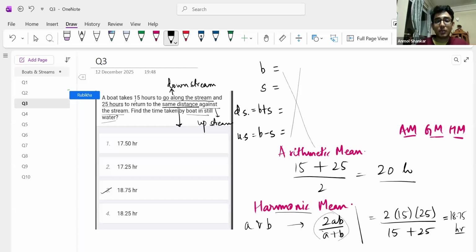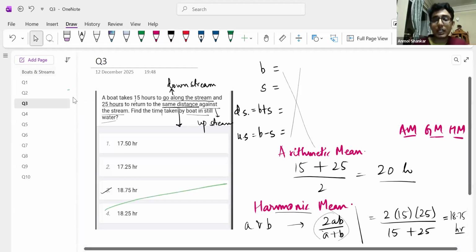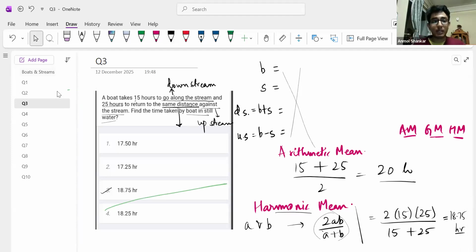For now that's enough. Let us go ahead to the next question. At the end of the class we will discuss why this formula came.